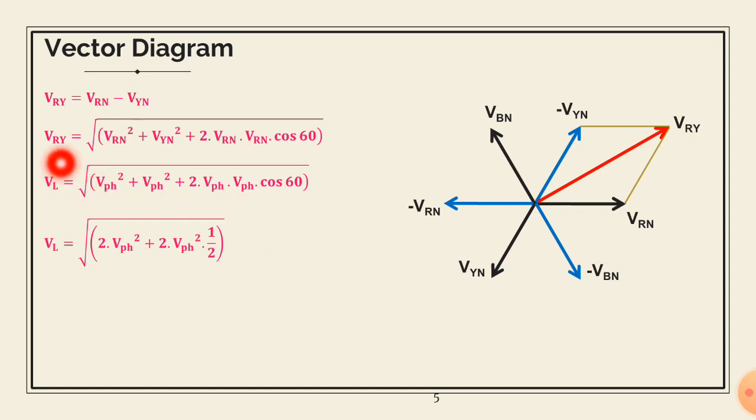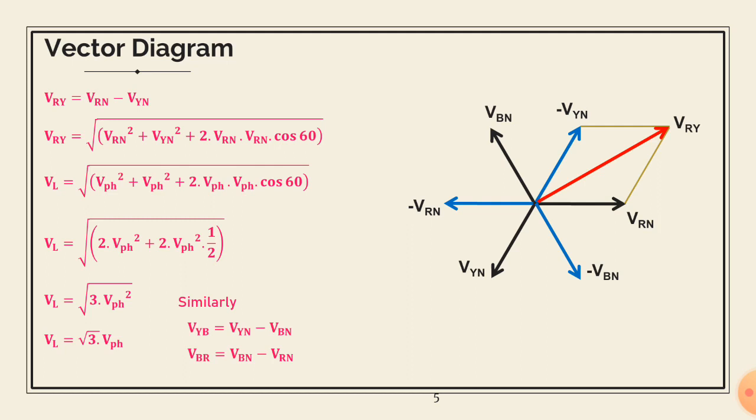Similarly, all the line voltages are the same, so I can use a common term VL, and after further simplification I will get the line voltage equal to root 3 times the phase voltage. This is the relationship between the line voltage and phase voltage in a star connected network. Similarly, I can draw the other two vectors VYB and VBR by joining the vectors like this. So this is the relationship between line voltage and phase voltage.